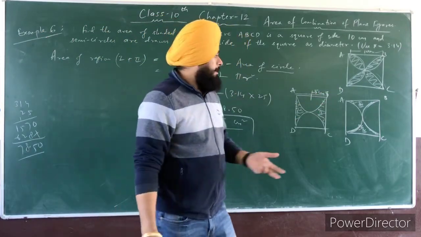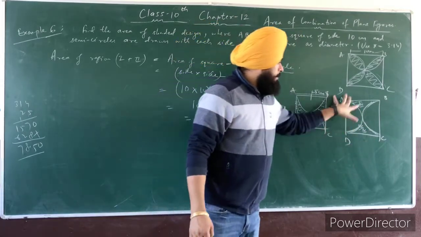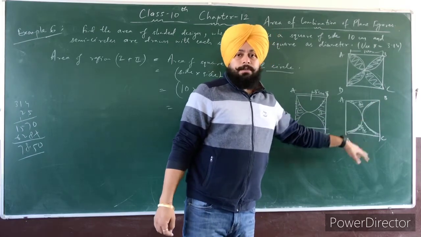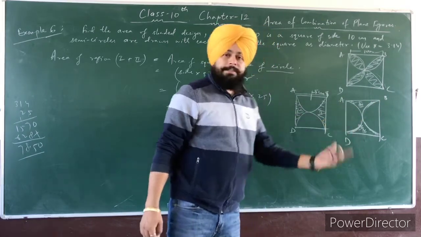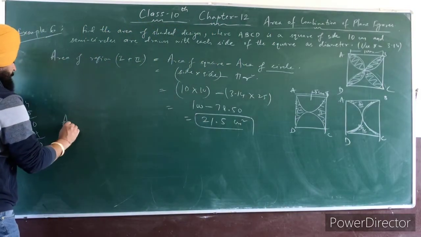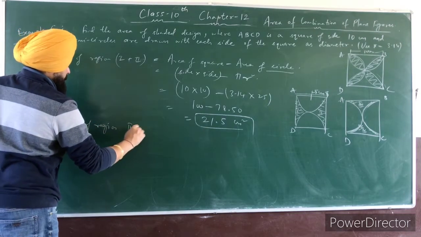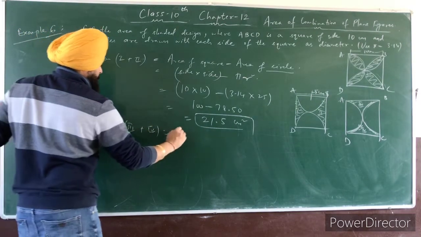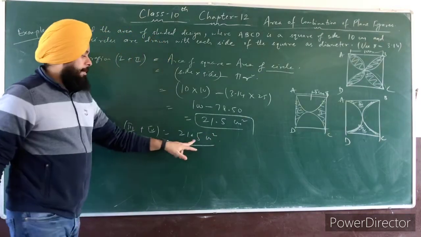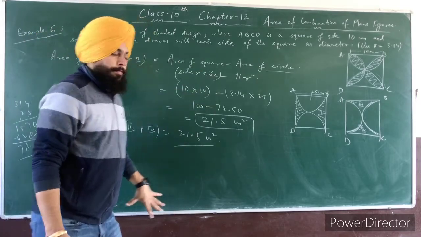Again similarly we get the area of region 3 and 4. Again same step, area of square minus area of one complete circle. So the area of region 3 and 4 is again the same, that is 21.5 centimeter square. Alright.